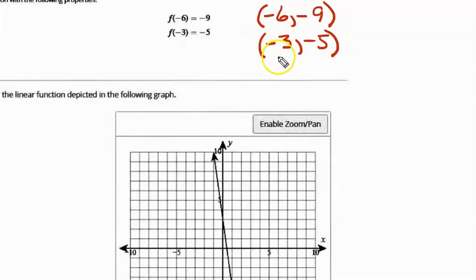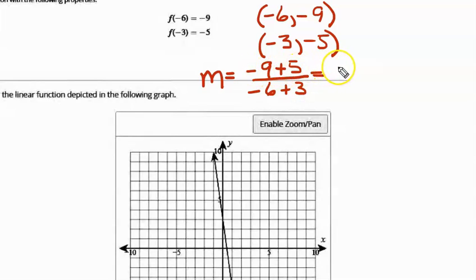So we have two ordered pairs, and we can use that to find the slope, which will be -9 minus -5, which makes it -4, and then -6 minus -3, which makes it -3.